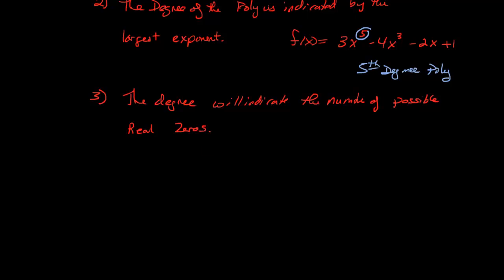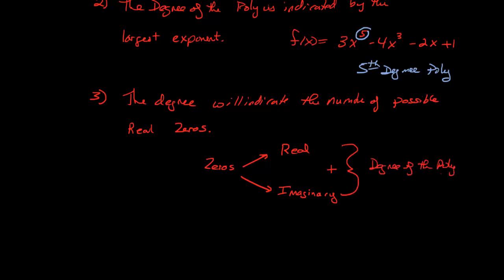We could say the degree will indicate the total real zeros, but we could also say it will indicate the total zeros, because we're going to learn that the zeros of a polynomial can be both real and imaginary. When you add these two together, that will give you the degree of the polynomial.